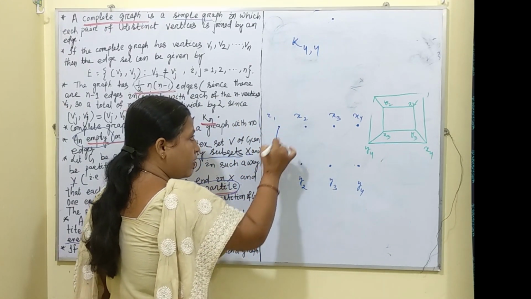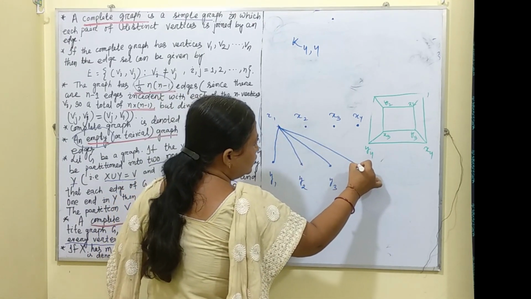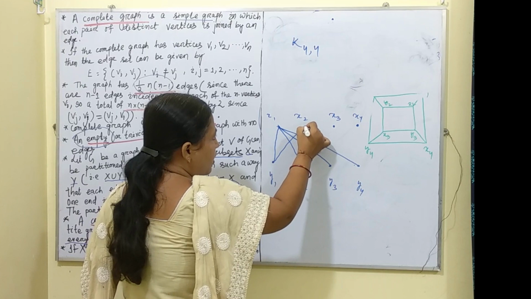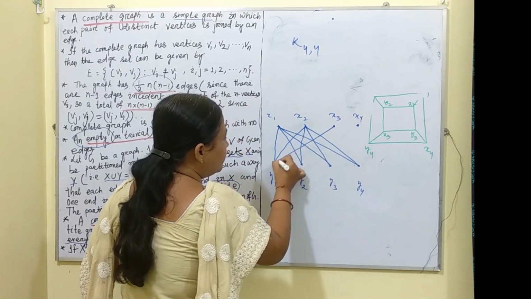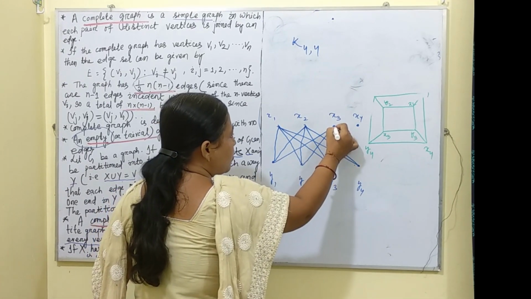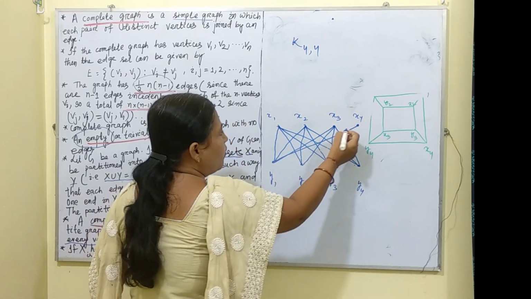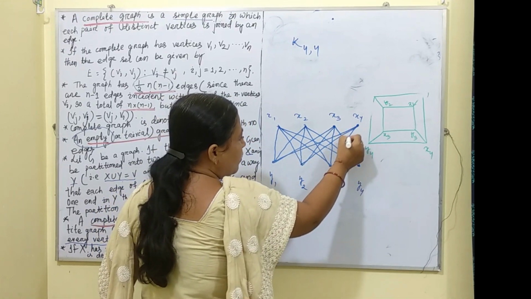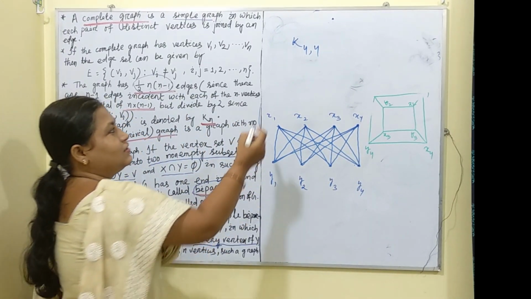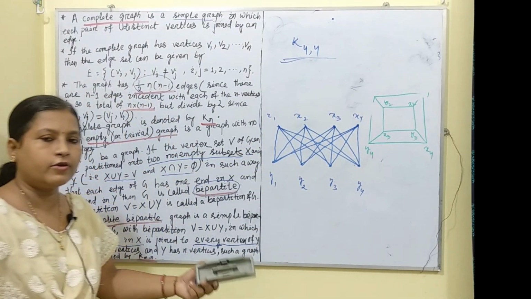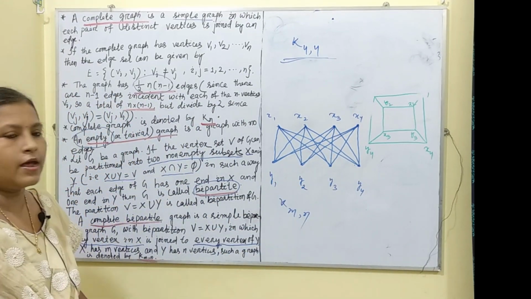Then x1 is joined with y1, y2, y3, and also y4; x2 is joined with y1, y2, y3, y4; x3 is joined with y1, y2, y3, y4; and x4 is also joined with y1, y2, y3, y4. See, this is the K4,4 graph. Similarly, you can draw any K m,n graph in a similar way.